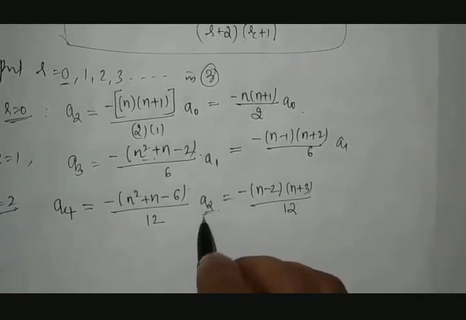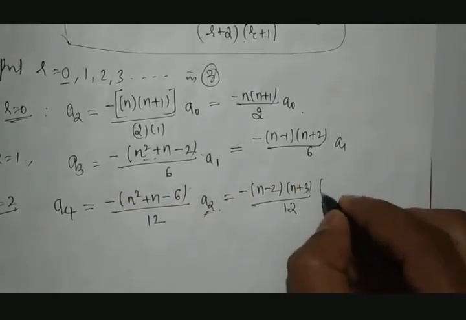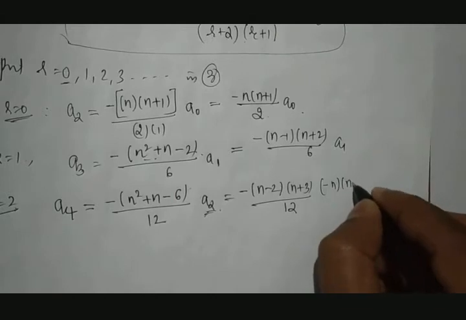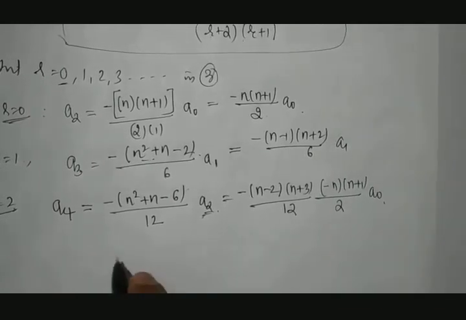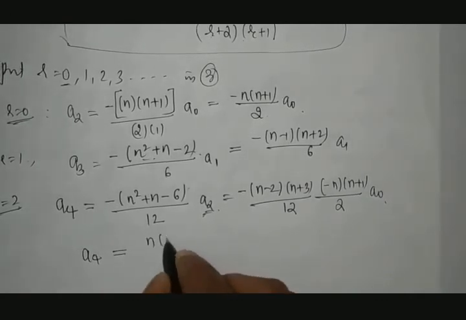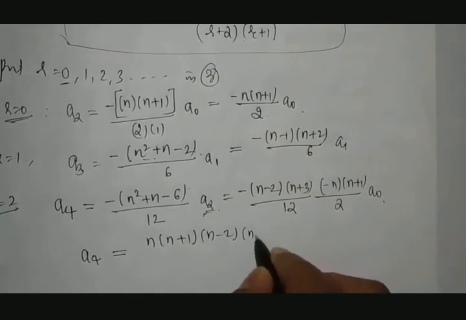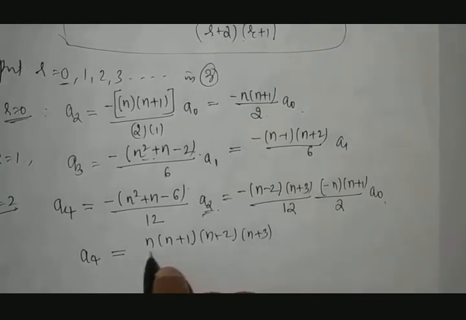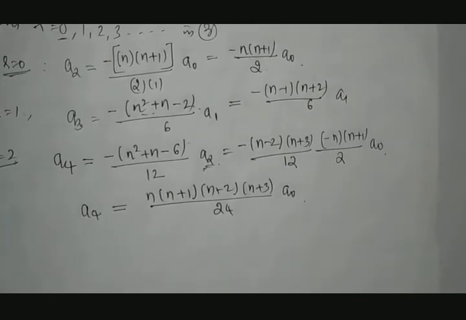But what is A2? A2 is this, that is minus n into n plus 1 divided by 2 into A0. Therefore A4 is equal to n into n plus 1 into n minus 2 into n plus 3 divided by 24 into A0. Fine.